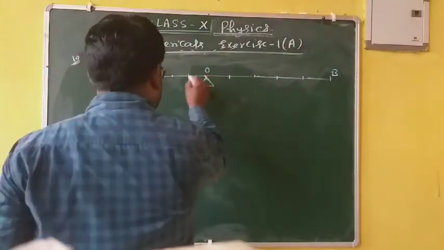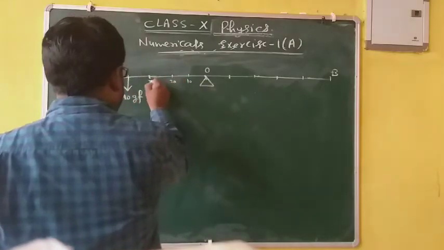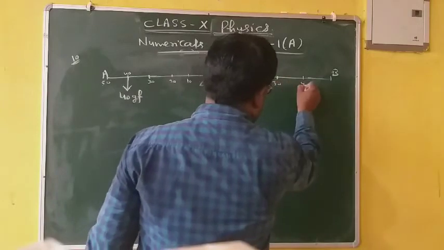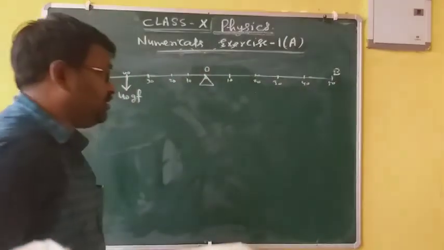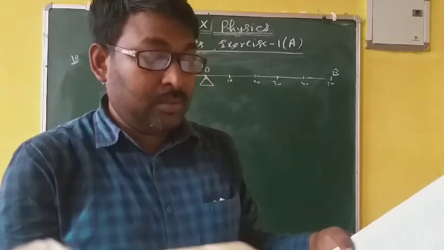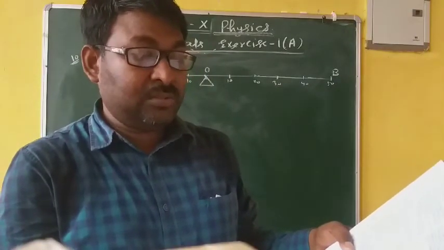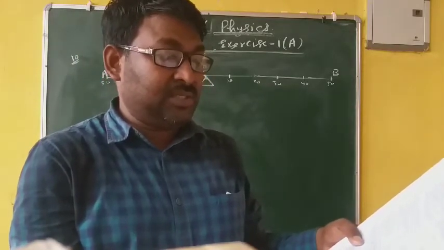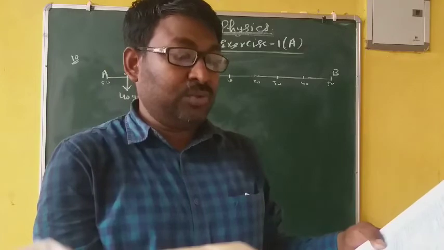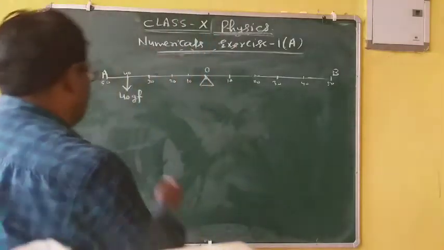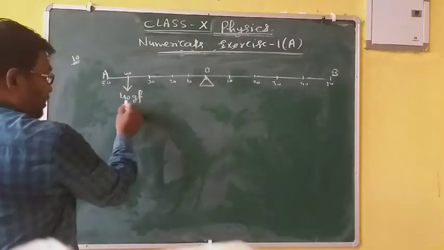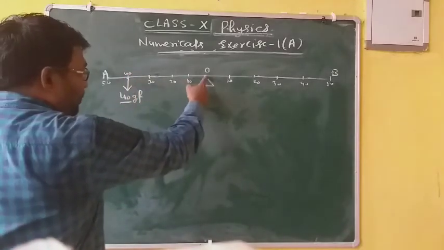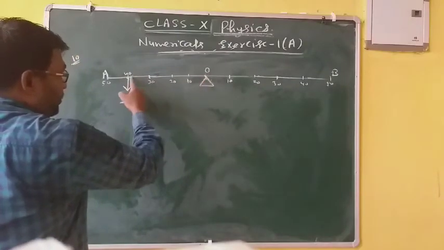When this is 0, then this is 10, 20, 30, 40, 50, and here also 10, 20, 30, 40, 50, in centimeter. O is at midpoint. A weight of 40 gram force is placed at a distance of 40 centimeter to the left of the point O. As clear in the diagram, this 40 gram force is acting at the 40 centimeter mark to the left of O, meaning this distance is 40 centimeter.